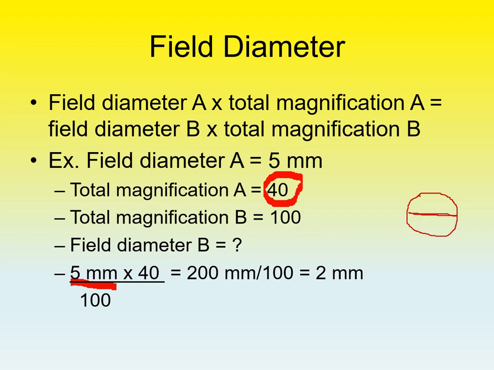You divide it by the total magnification for the one that you're wanting to figure out the field diameter for. So you go 5 times 40 is 200, divide it by 100, and that gives you 2 millimeters. So that means at this higher magnification, the field diameter is smaller. And that's exactly what happens.